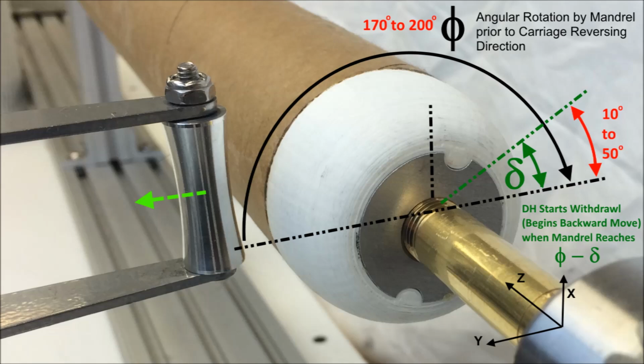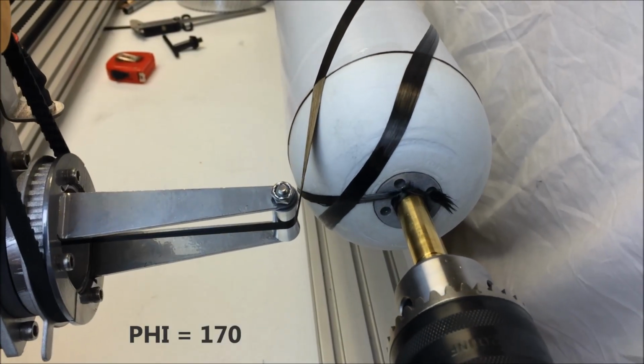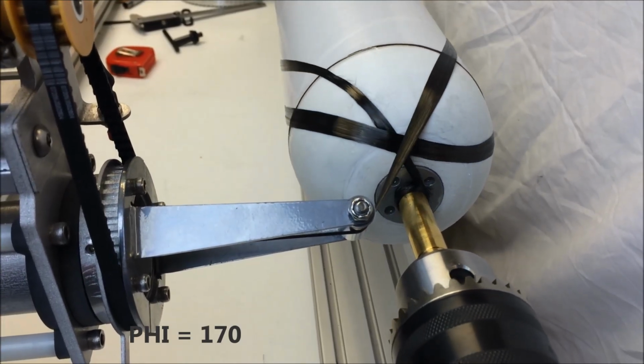Let's look at what happens with several values of the end wrap angle phi. These results are typical only and will be different for other geometries and inputs. Here is phi at 170 degrees. Notice how the filament rides well above the mandrel central axis.